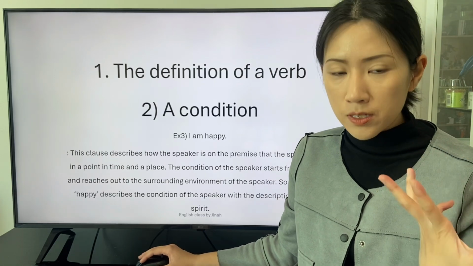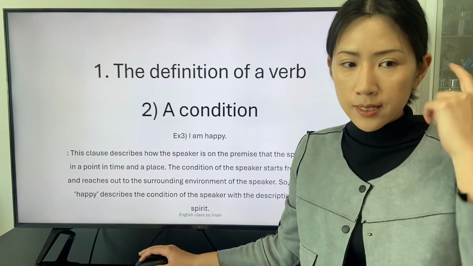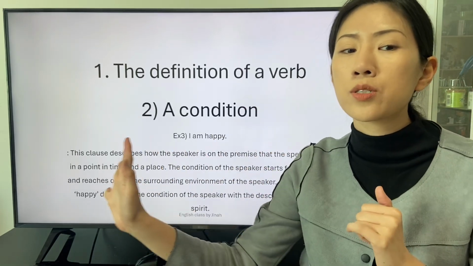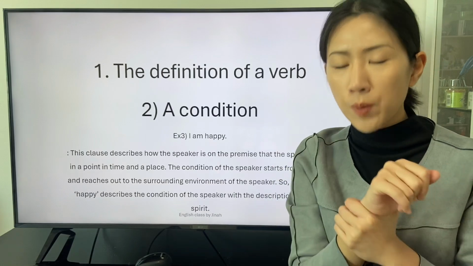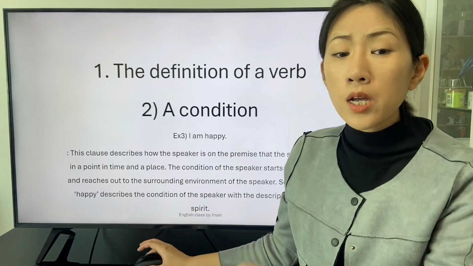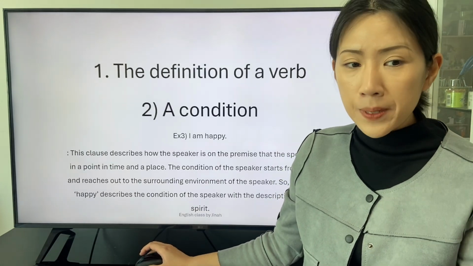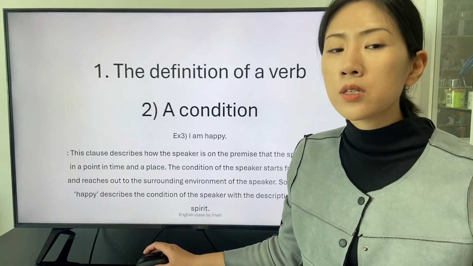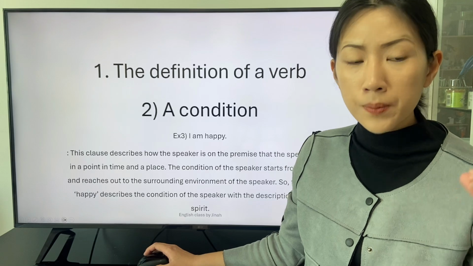The condition of the speaker starts from the spirit, inner state, and reaches out to the surrounding environment of the speaker. So, the adjective happy describes the condition of the speaker with the description about the spirit.